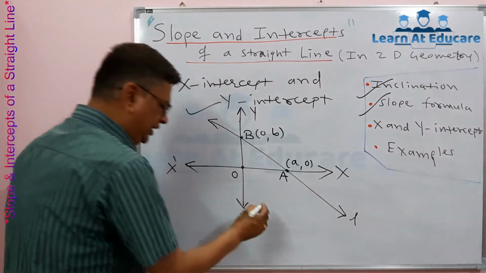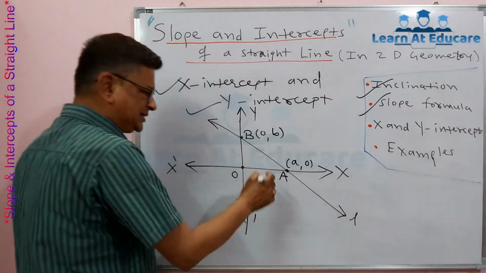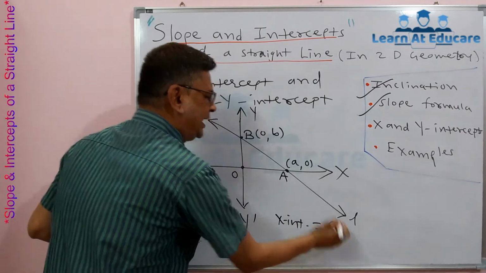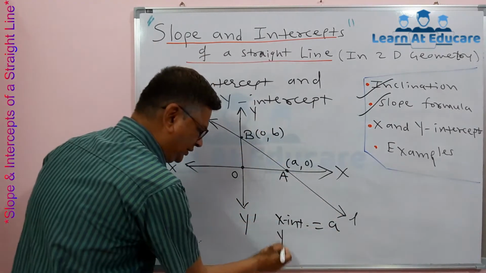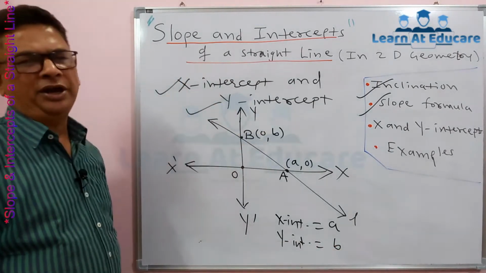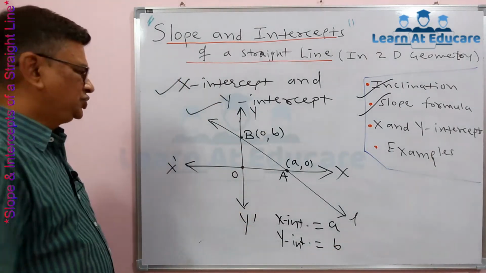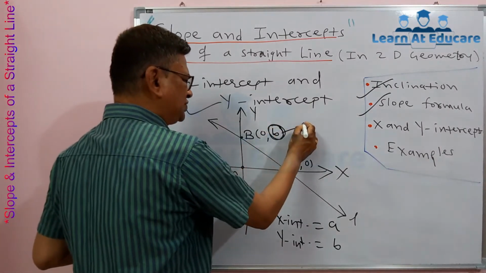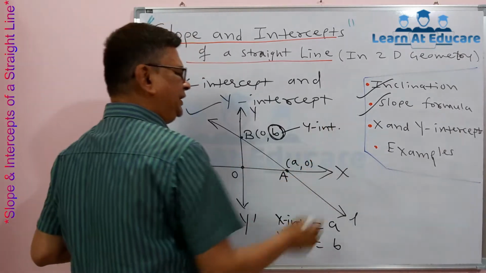Now see here, x intercept of line will be x coordinate of point A, and that is small a. Similarly, y intercept of line will be the y coordinate of point B, that is small b. So this point B has y coordinate b, and this b is called as y intercept.